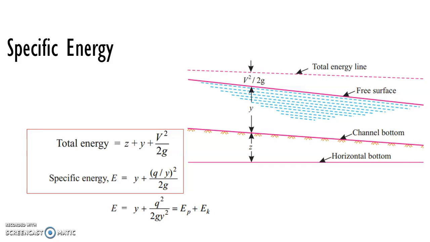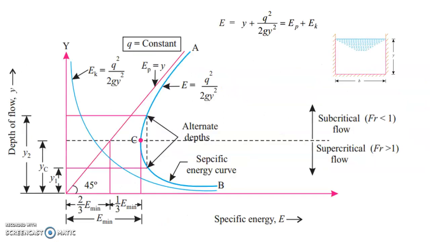Now we move on to the very important concept, the specific energy curve. In the plot of the specific energy curve, the depth of flow is on the y-axis and specific energy is on the x-axis. It consists of a variety of zones. Let us try to understand the concept of specific energy one by one.